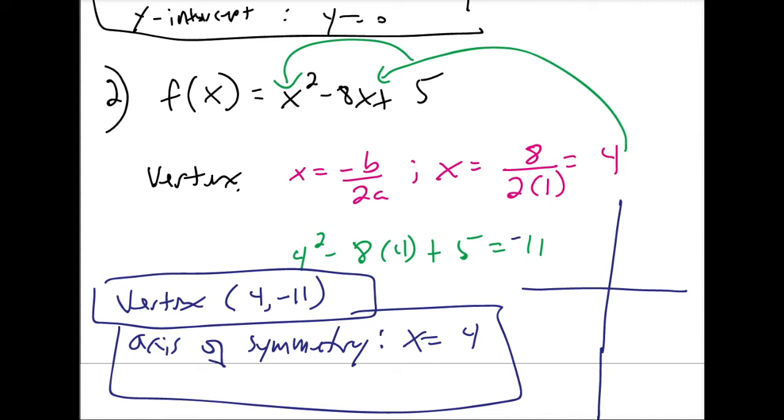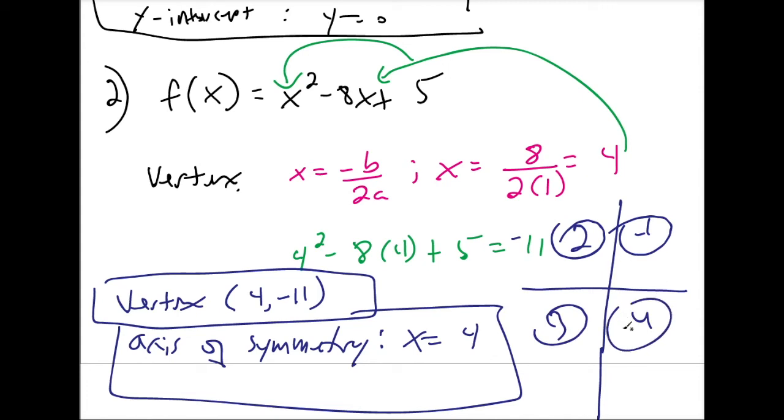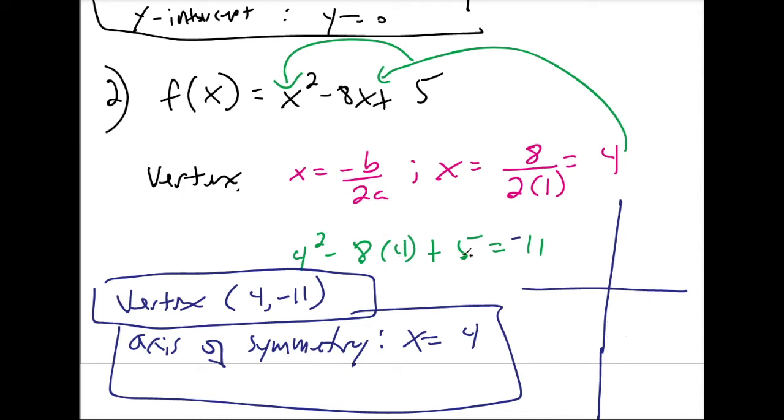So I need the coordinate of the vertex. 4, negative 11. And if this is quadrant 1, quadrant 2, quadrant 3, and quadrant 4, where would you find 4, negative 11? Quadrant 4.